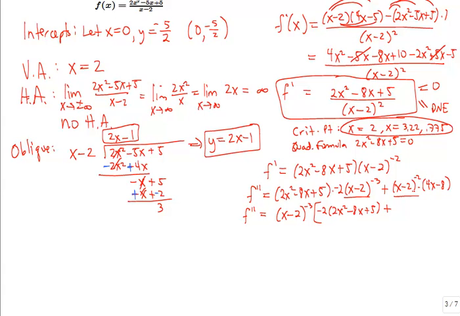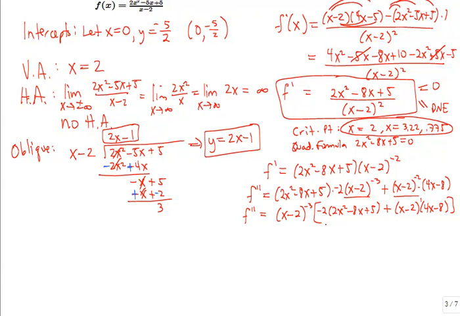And from this second factor, I'm going to have one of these (x minus 2)'s left, and that's because negative 3 plus 1 would get me back to that negative 2. And I'm also going to have this 4x minus 8 left over as well.